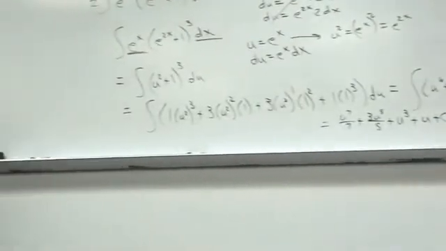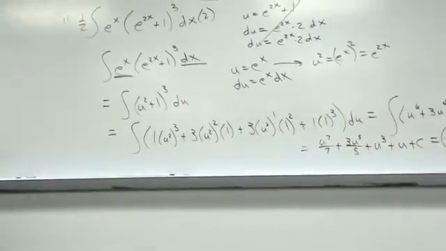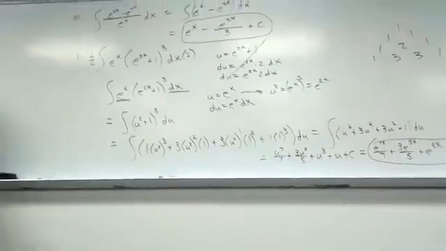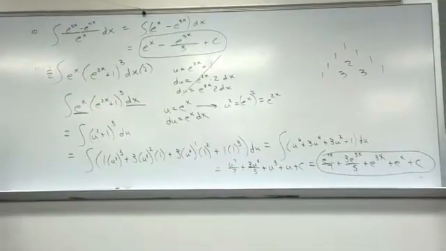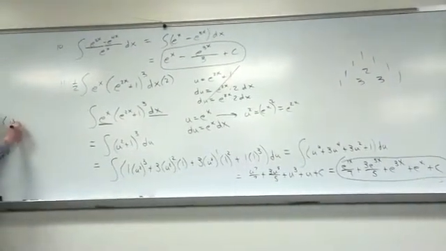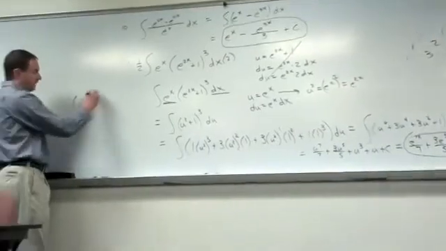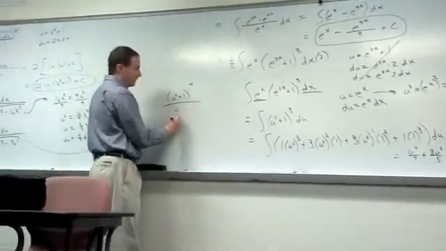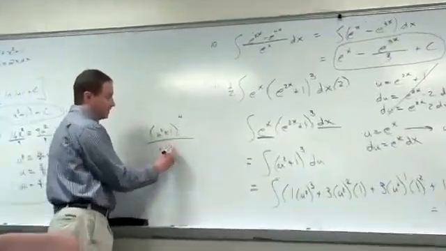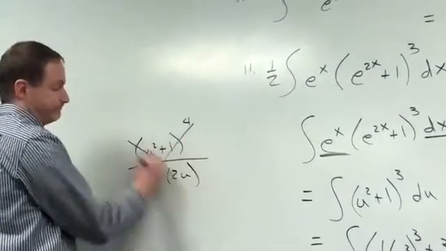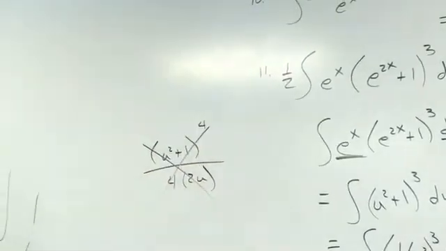If it's a group to a power, could I call it u squared plus 1, increase the power to 4, divide by that new power, and divide by the derivative of the inside? Doesn't work. And substitution wouldn't work because of the derivative of the inside being 2u.